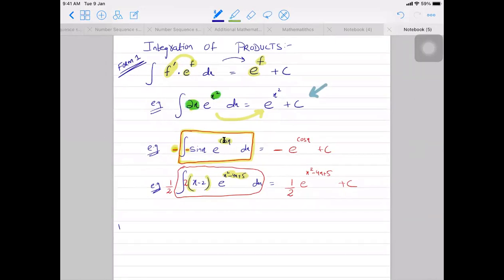Now let's go over form 2 of the product.